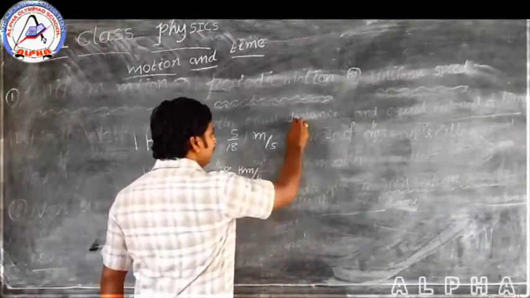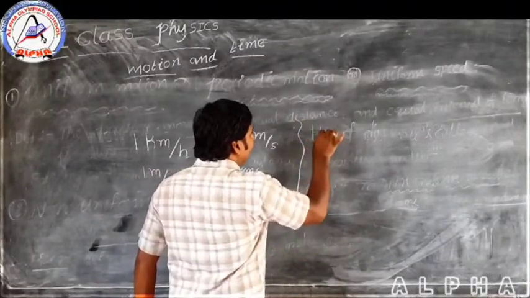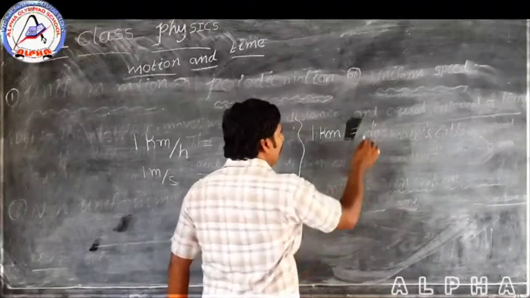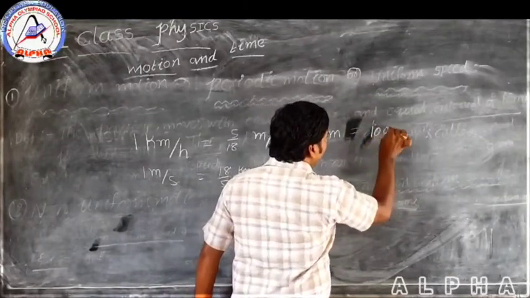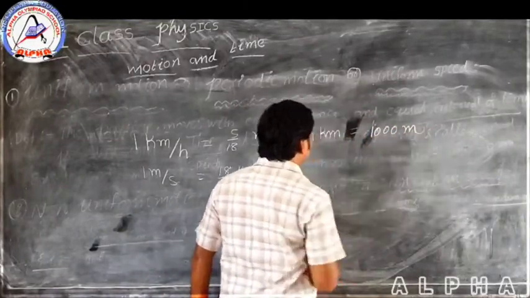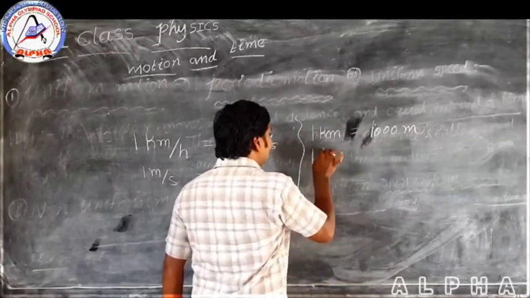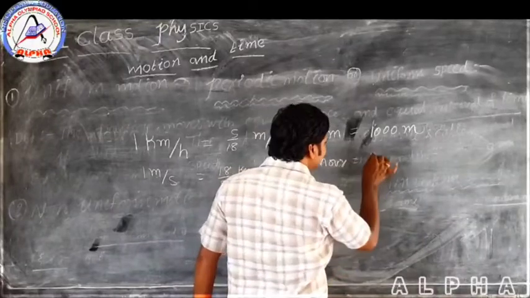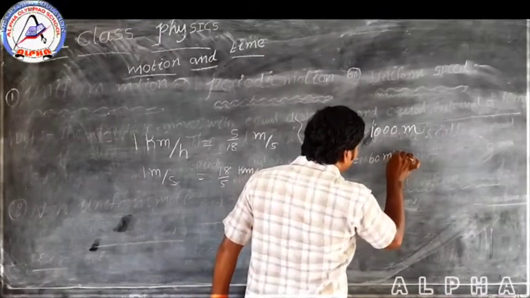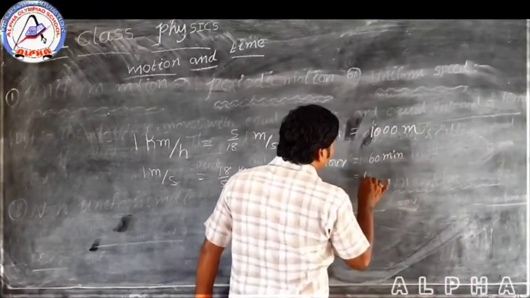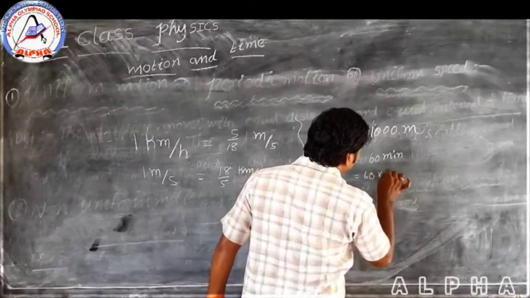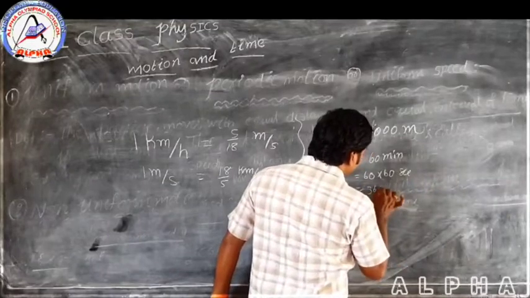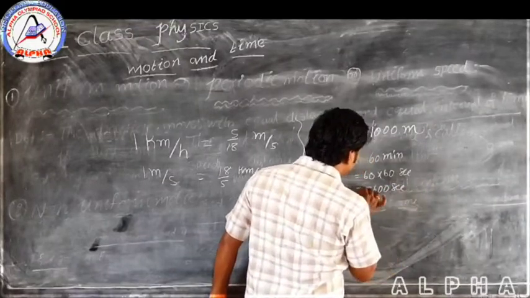Listen to me, children. 1 kilometer is equal to how many meters? 1000 meters. 1 hour is equal to how many minutes? 60 minutes. How many seconds? 3600 seconds.